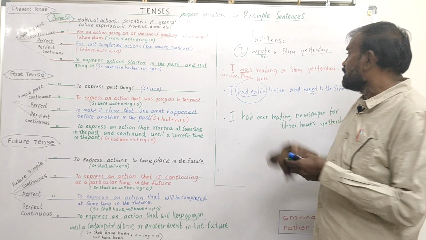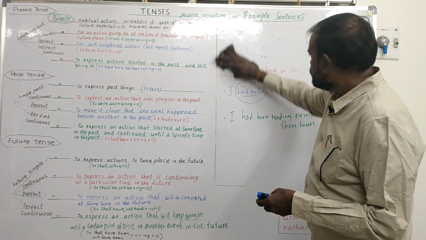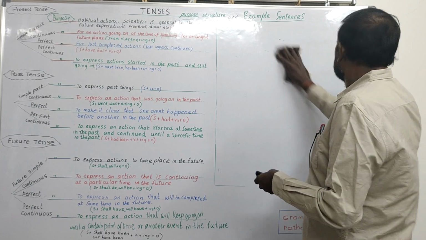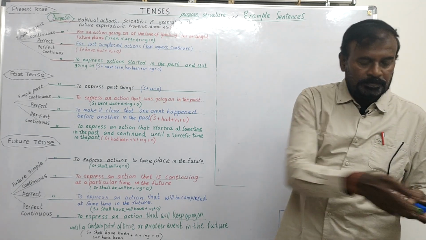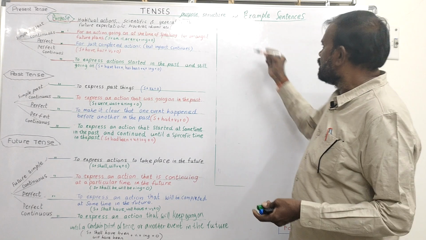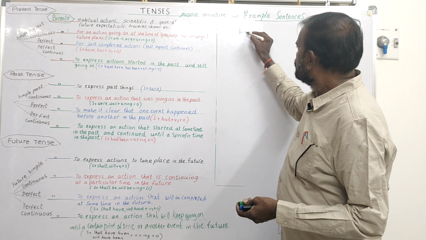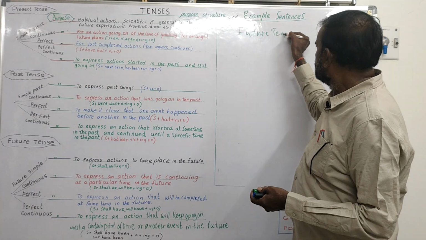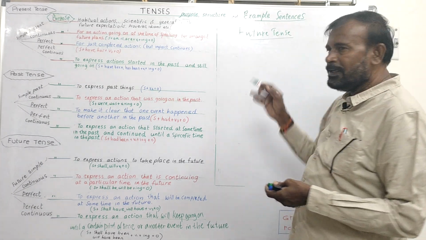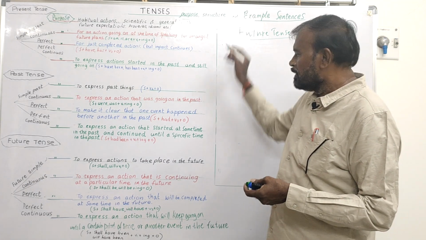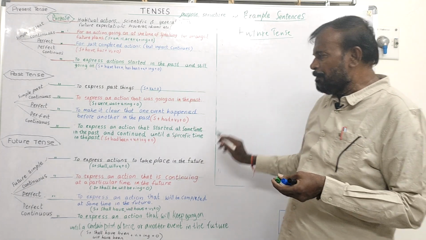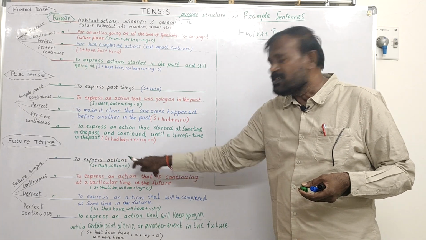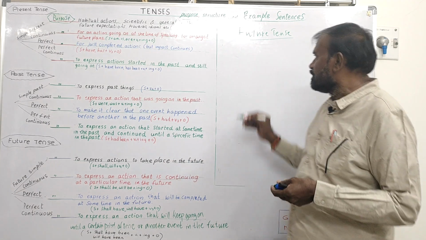Next, the future tense. And again here we have 4 types. Future simple tense. It is used to express actions that will take place in the near future.